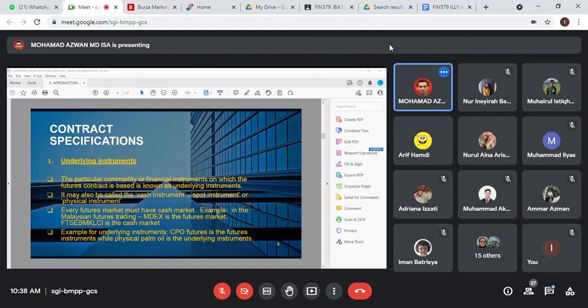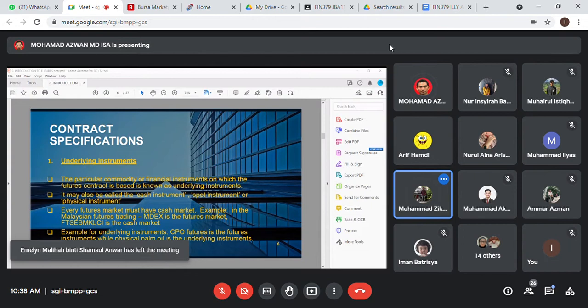So you must remember all these figures, as they are important for you to calculate the number of lots later on. Okay. Muhammad Zikrullah. Saya, sir. Okay.